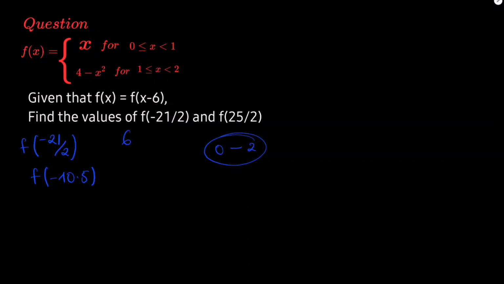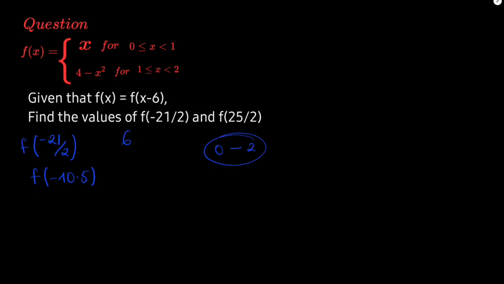So let's take minus 10.5. Is minus 10.5 in the range from 0 to 2? No, minus 10.5 is less than 0, so we cannot substitute it directly into the function. So we are going to find a number which is in the range.